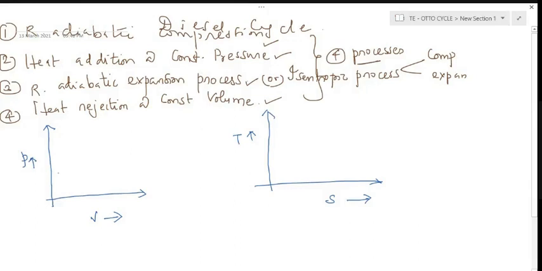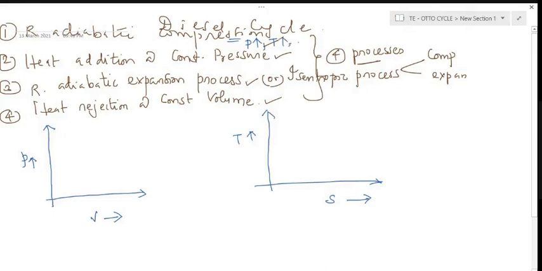The first process is reversible adiabatic compression. In the case of compression, because of compression, pressure gets increased. Pressure is directly proportional to temperature, so temperature also gets increased.